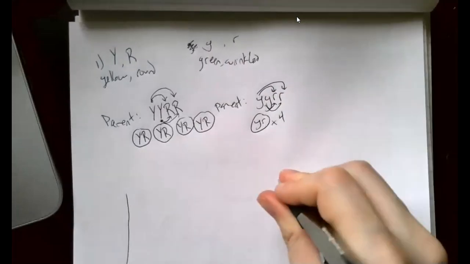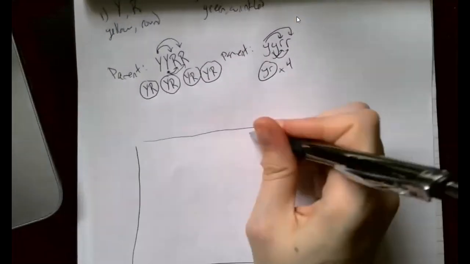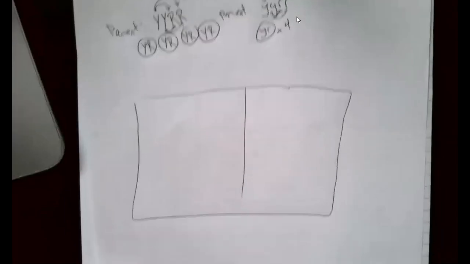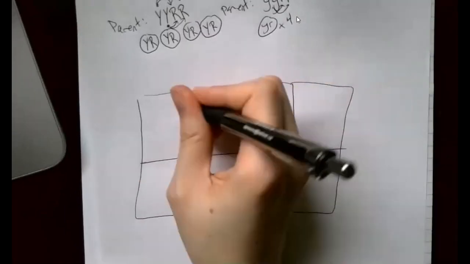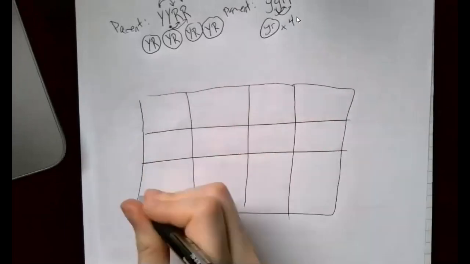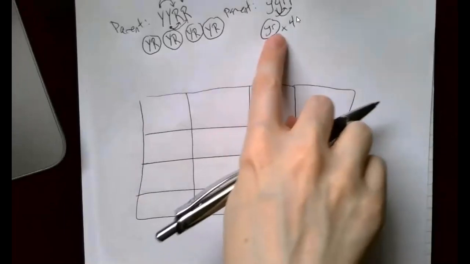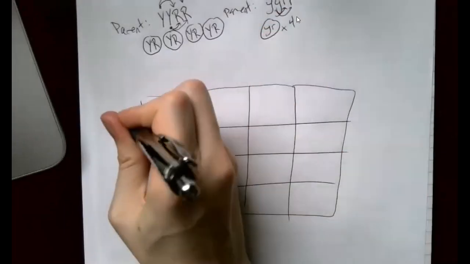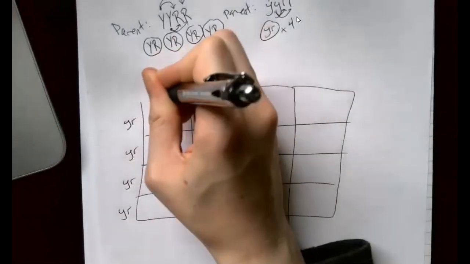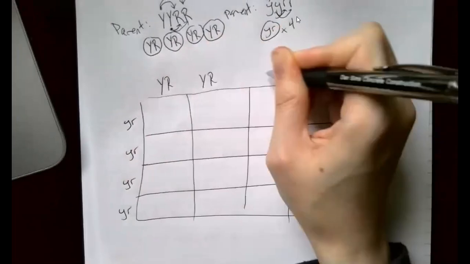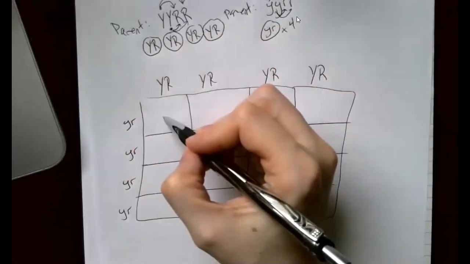Then this time, because we're dealing with 2 traits, I need to make a dihybrid cross. Which looks like this. And then I'm going to fill in the gametes, 1 down the side and 1 across the top. And then I'll fill in the square again.